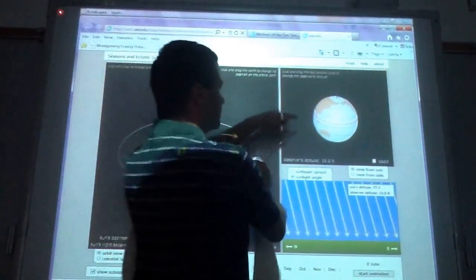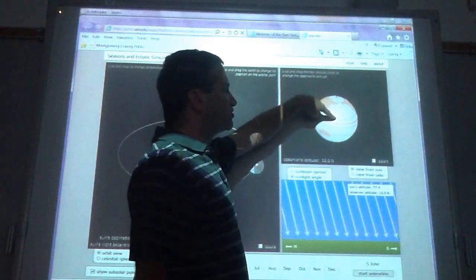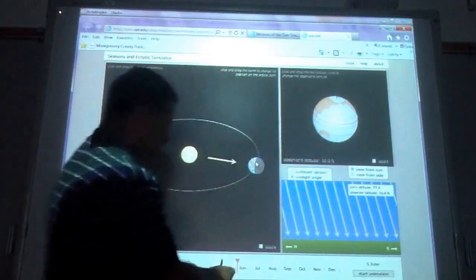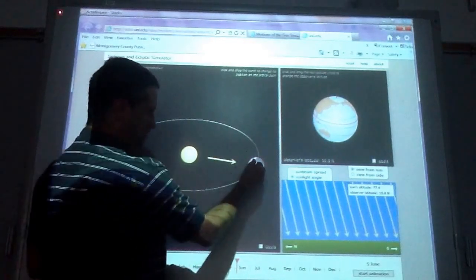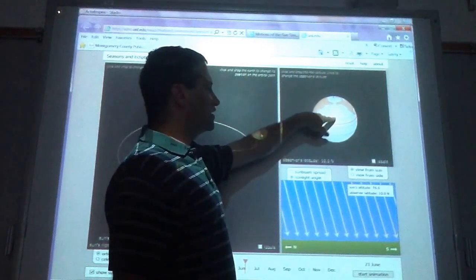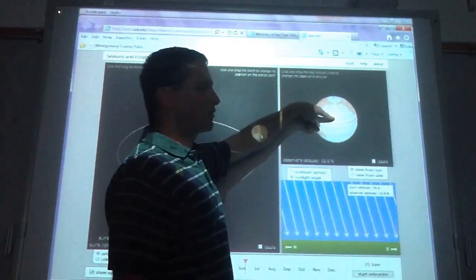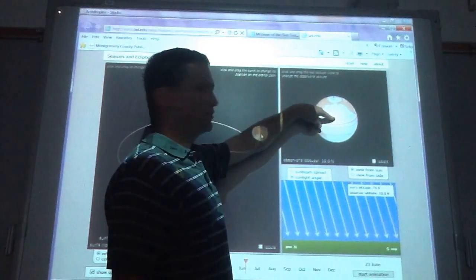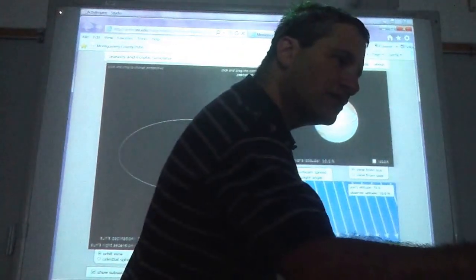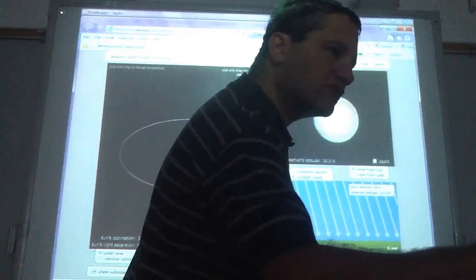Just looking at this, we can see that the most direct sun rays during the middle of June is on 23.5 degrees north of the equator. That line has a special name.